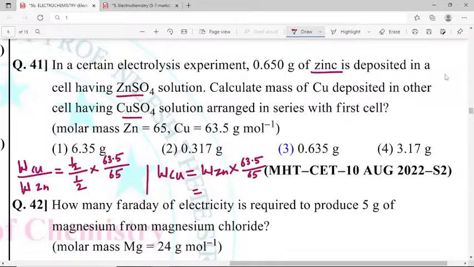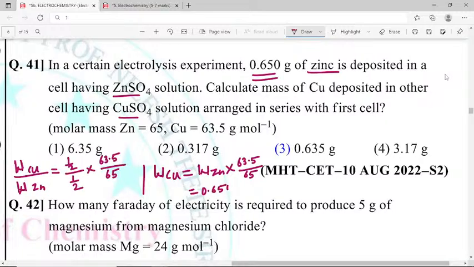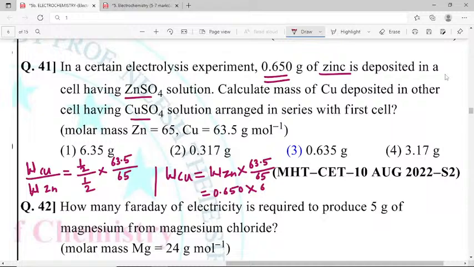So how much weight of zinc? 0.650, and multiply by 63.5 divided by 65. If you solve this, we'll get the answer 0.635.